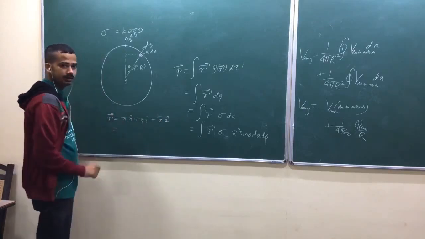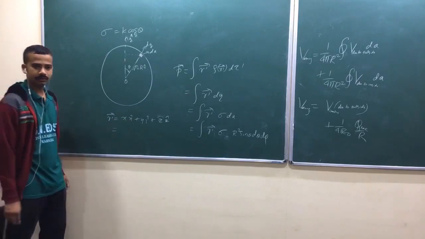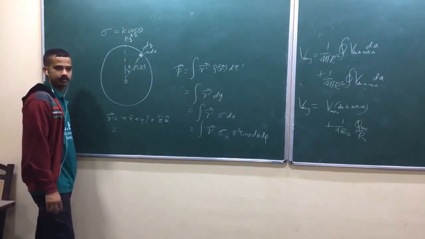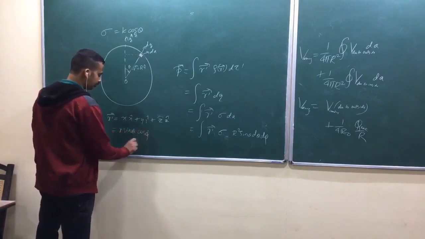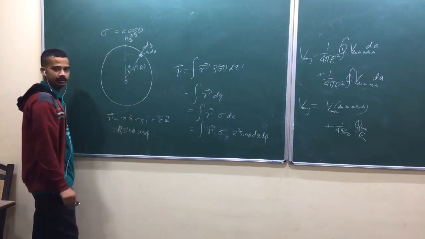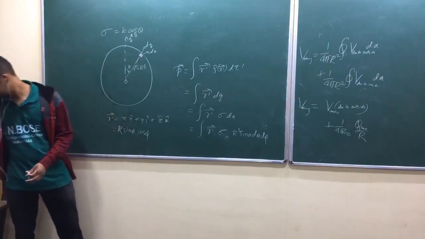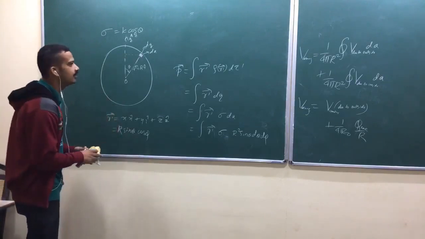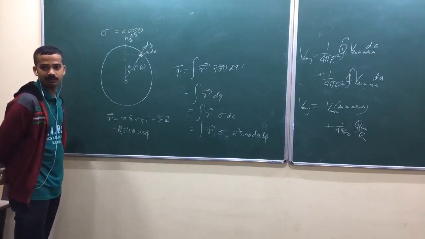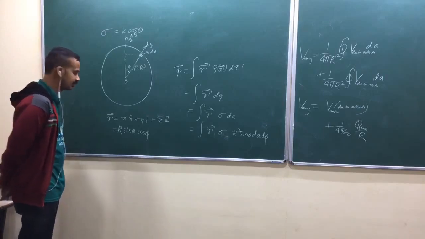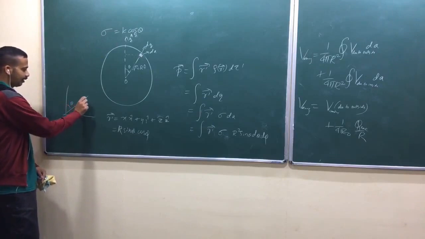What is x here? Again, the transformation from polar: r sin theta cos phi, but you are on the surface, so r equals capital R. I too forgot, it is cos phi only. If you get confused, draw it like this: theta, r.